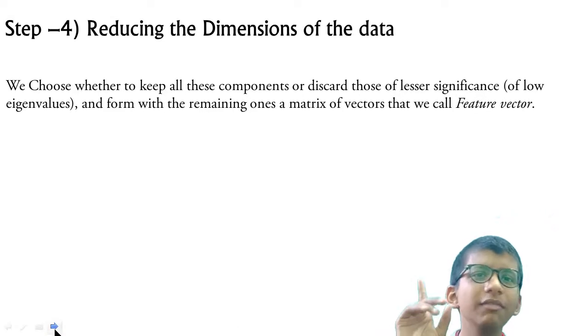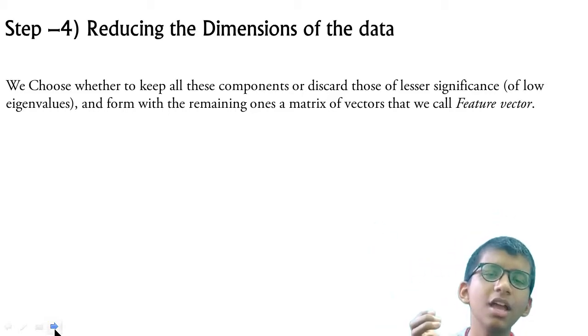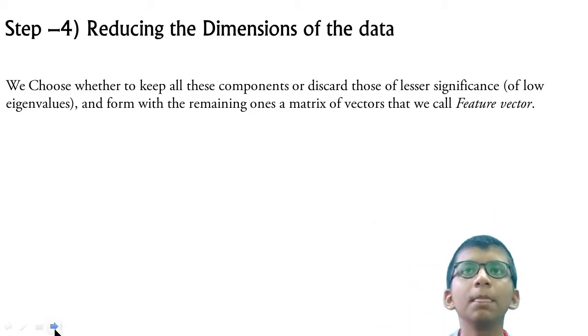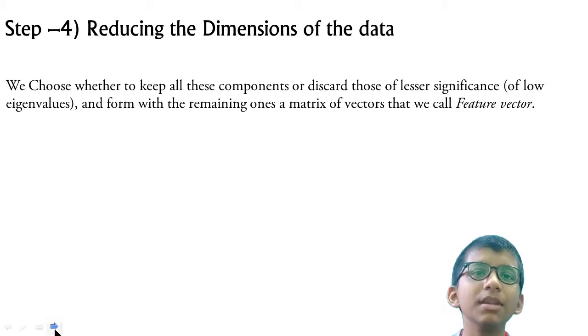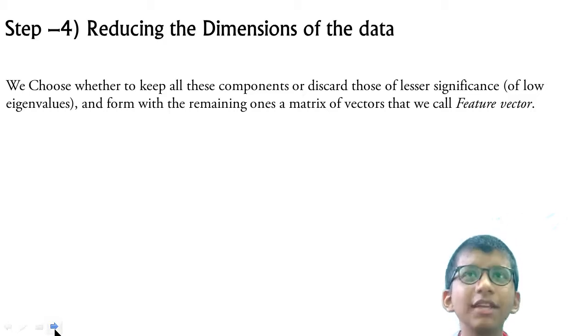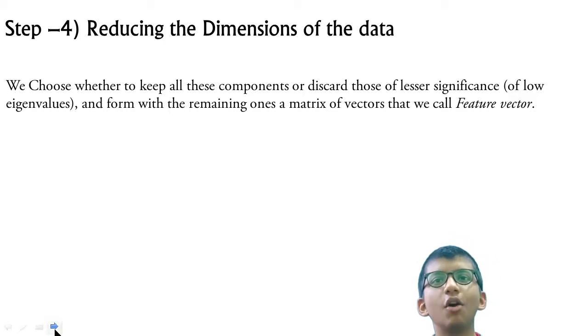How do we compute it? We first reduce the number of variables to 1. Now, how do we eliminate? We have to choose whether to keep all of these or discard. This statement suggests we choose whether to keep all the components or discard those of lesser significance.